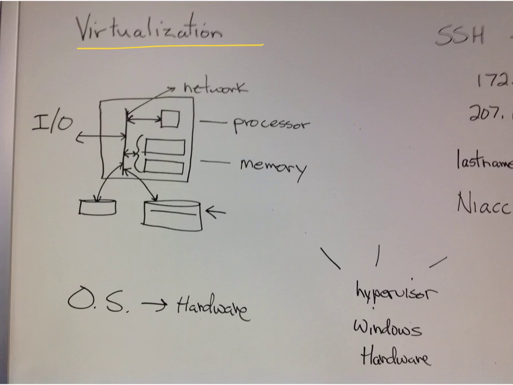Virtualization. If you remember, we did a little work on processor and memory. Sometimes, depending on what kind of computing you do, it's hard to keep the processor busy, and so we're wasting a resource.